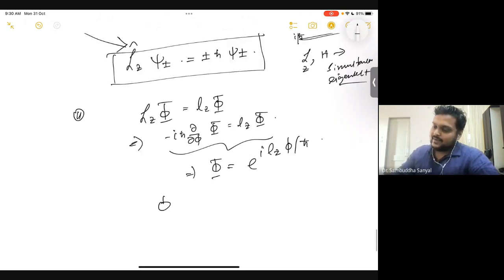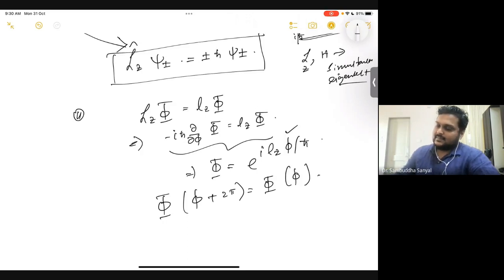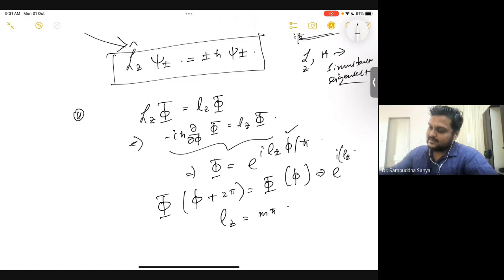And we know that Φ must satisfy periodicity since this is an angle, an angular coordinate. So therefore, it must satisfy this, and this will only be satisfied if Lz equals mħ. Why this? Because this tells you e^(i Lz φ/ħ).